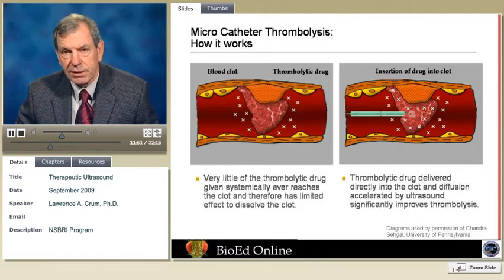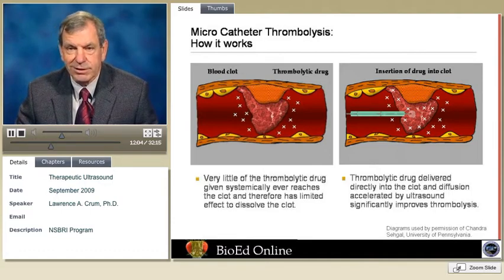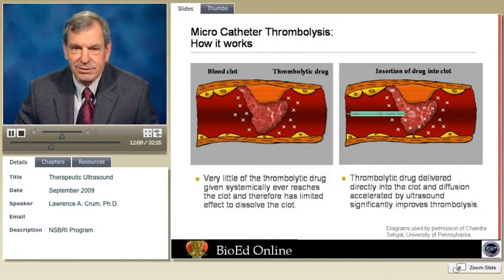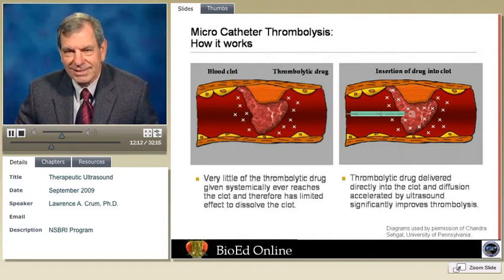But typically, if that vessel is completely occluded, then there's no way that blood will supply that TPA to the clot. And if it's completely occluded, you probably couldn't talk, but maybe you could have someone put a little message in your pocket: use the ECOS catheter, if they have it available. But this catheter is inserted into the clot, and the TPA, the thrombolytic drug, is then delivered into that clot, and one has a very much more rapid dissolution of that clot.